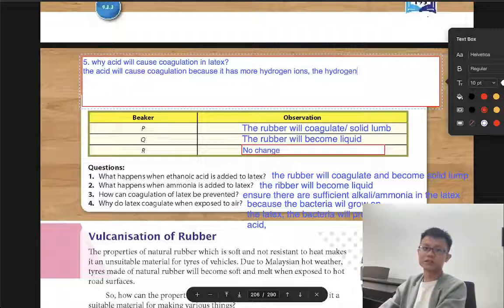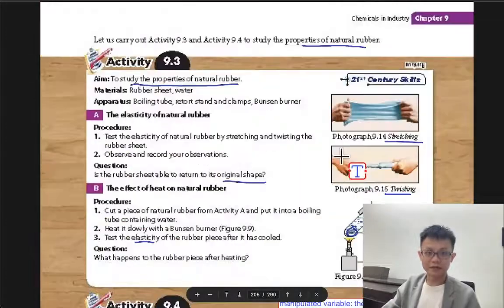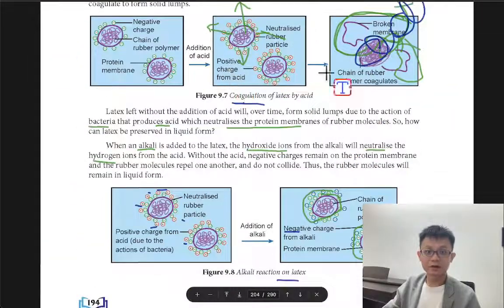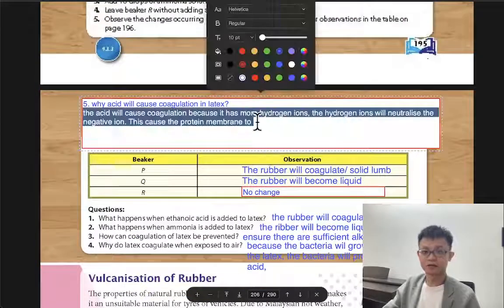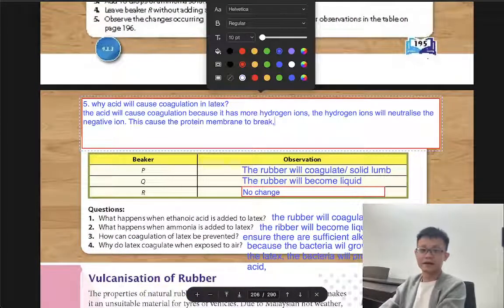The hydrogen ions will neutralize the negative charge. This causes the protein membrane to break. Not to disappear, to break, a better word.